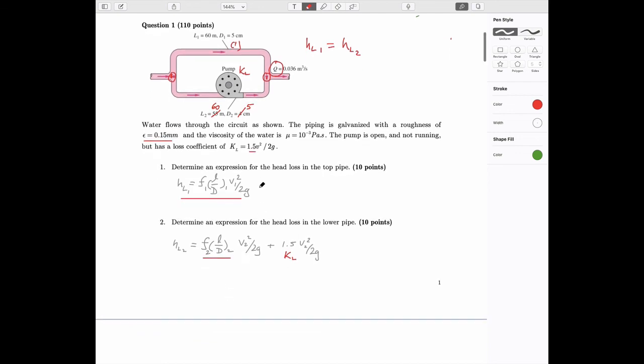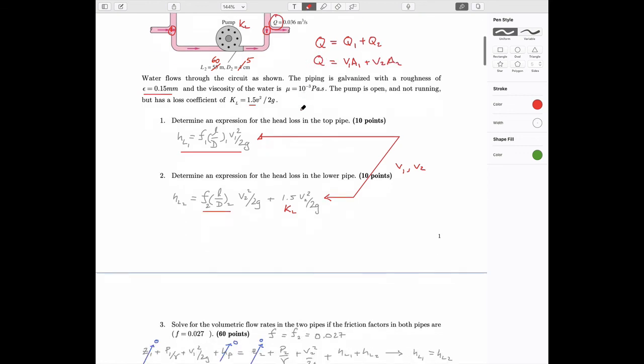And so ultimately what we're going to want to do, since we know the head losses, is solve for the values of the different velocities, V1 and V2. And we'll know that the total flow rate through here has to equal the sum of Q1 and Q2 by definition. So we know that that is going to be the case.